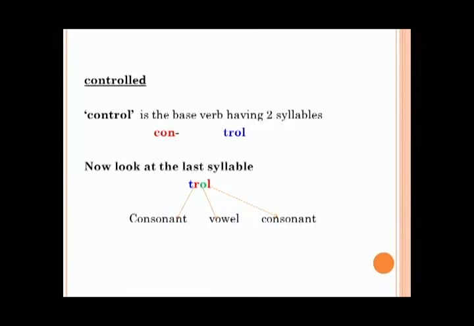Controlled. Control is the base verb having two syllables, con and troll. Now look at the last syllable, troll. It has a CVC pattern at the end. And we had said CVC is for consonant, vowel, consonant.